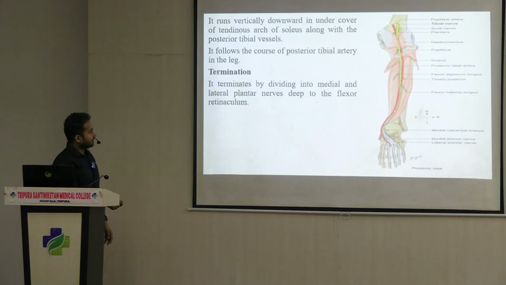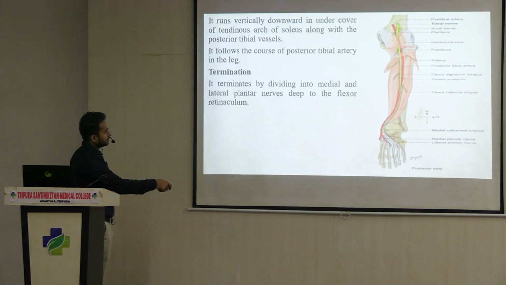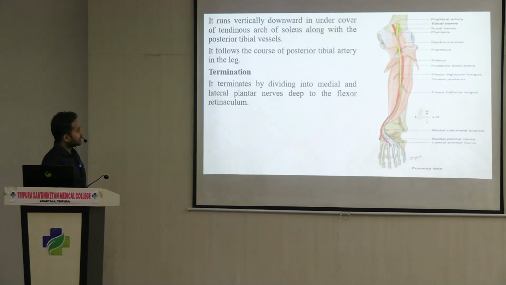Now, where will it terminate? It terminates by dividing into medial and lateral plantar nerves, as you can see in the diagram. I hope you have studied the retinacula of the lower limb, the flexor retinaculum and extensor retinaculum. Before termination, it passes deep to the flexor retinaculum.